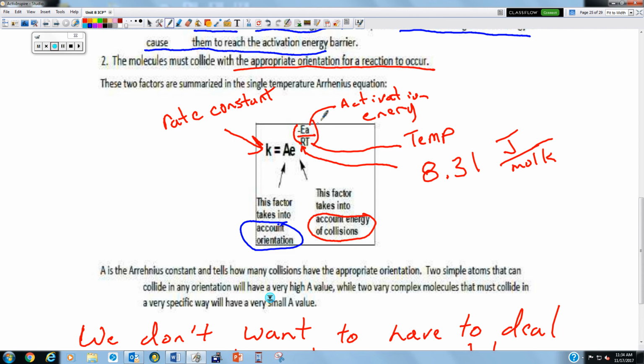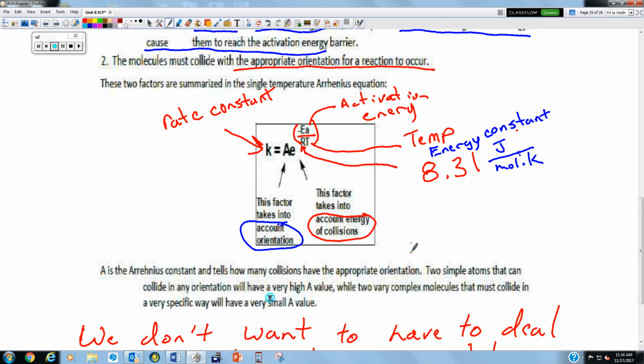Now, things to point out: Ea is activation energy, R is the energy constant, which is 8.31 joules per mole times Kelvin.